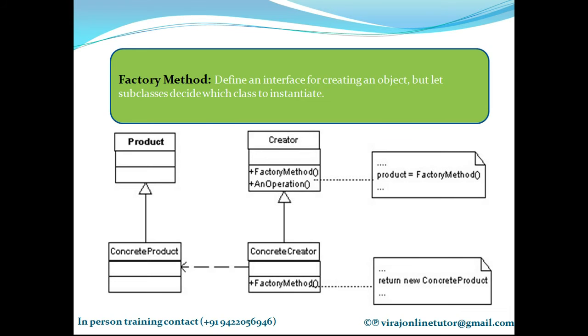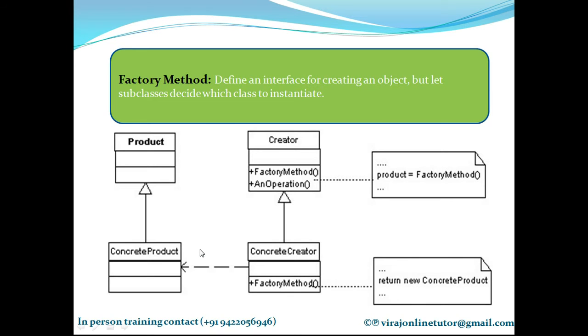Even though I return concrete product 1 or concrete product 2, the return type of this factory method will always be product, because that is the base class of these two classes.